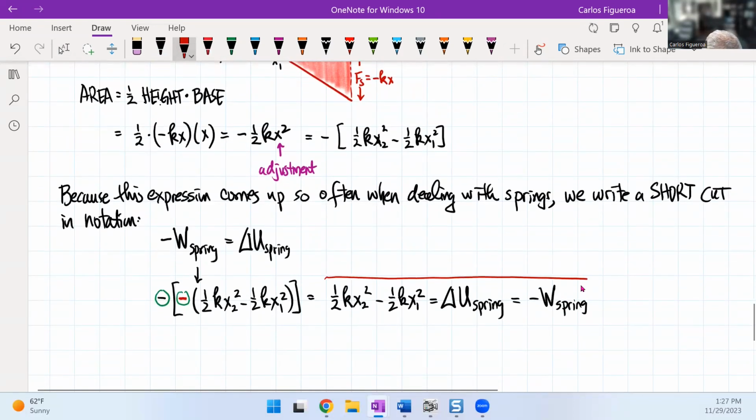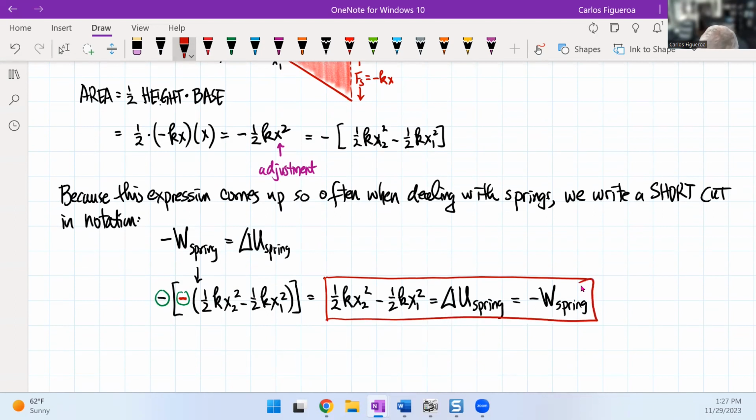This is what our potential energy is right here. So remember, this is exactly the same as work.